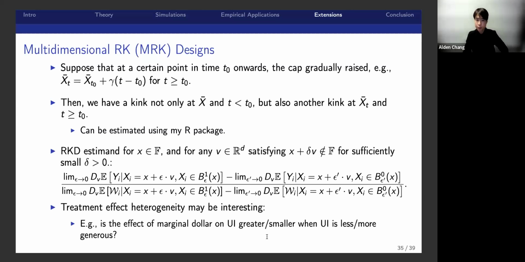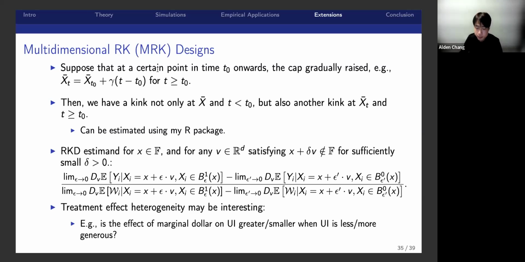Now, we can imagine multidimensional extensions of RK designs. Again, this is actually based quite closely on Louisiana's UI benefit system, so this is a potential setting where we can use this design.